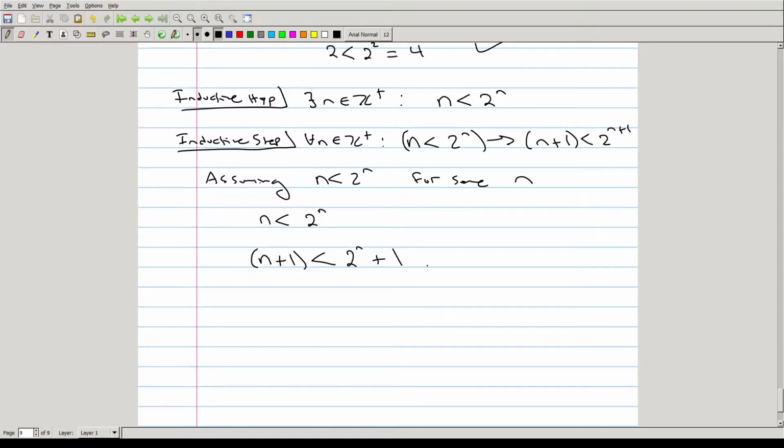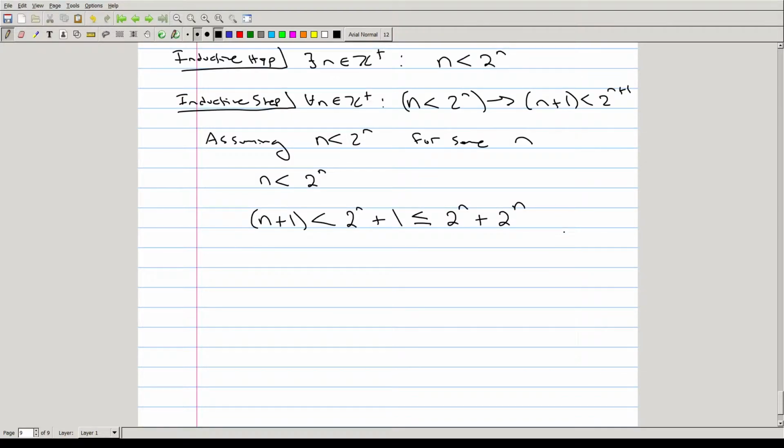And you can look at this and think about it for a second. What we obtain is that this is also going to be less than or equal to 2 to the n plus 2 to the n, because 2 to the n will always be greater than or equal to 1.